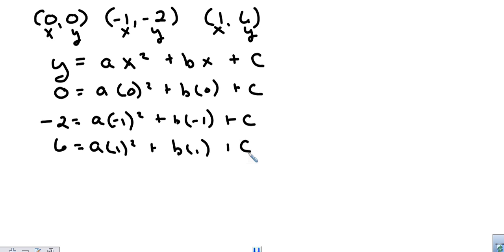And then we want to come back to all 3 of these and simplify them. Well, the first one is very simple because I got a 0 here and a 0 here and a 0 here. So if I simplify this whole equation, I get 0 equals c.